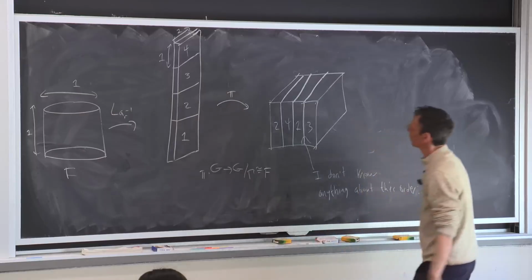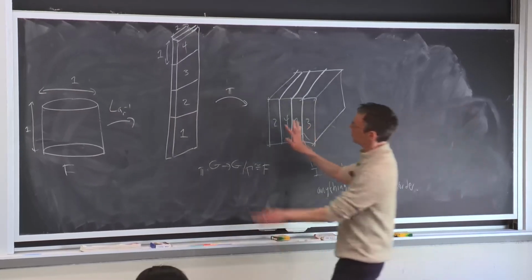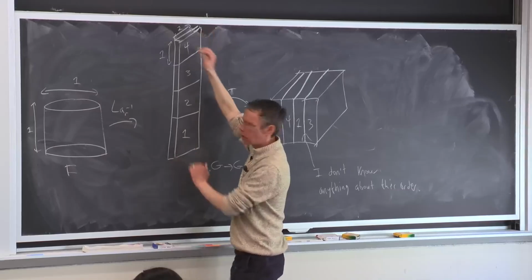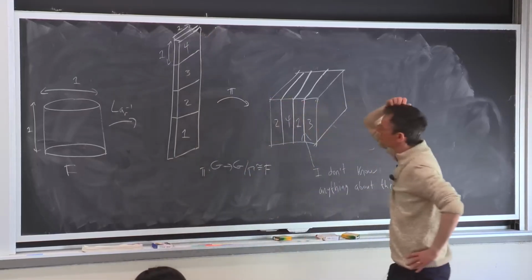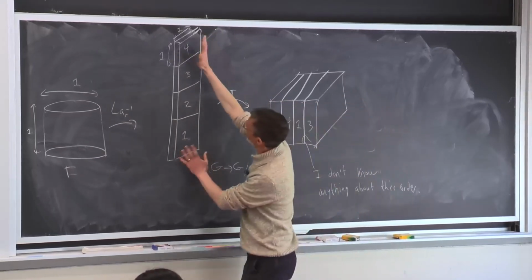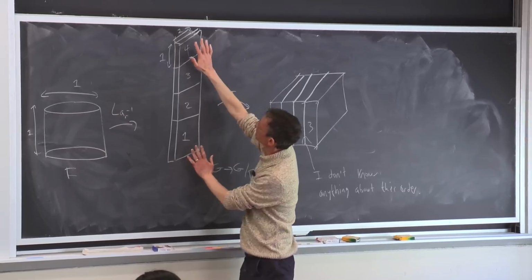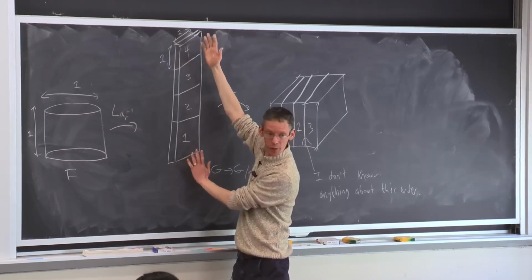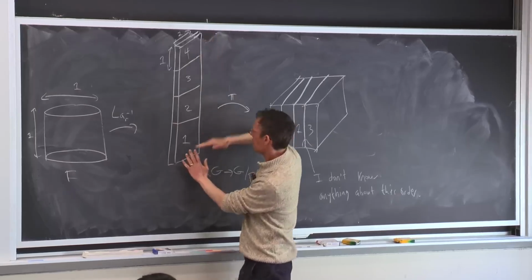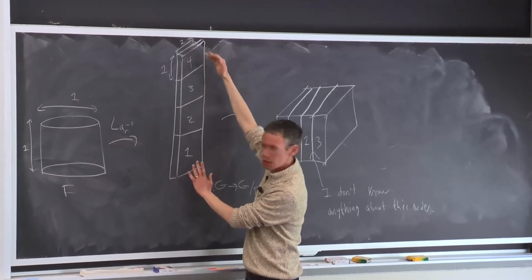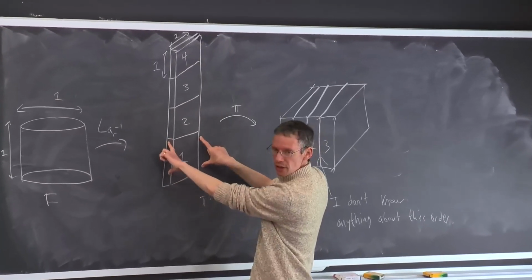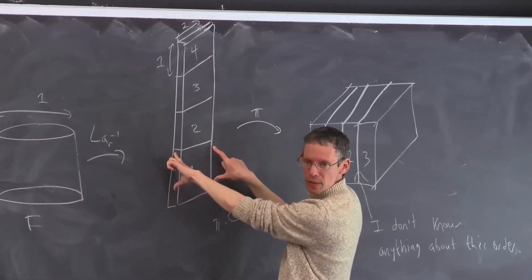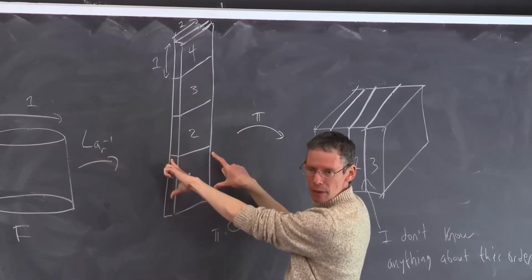OK. So now I think the question was, how would this picture look if this thing were twisted a little bit? So first of all, when we say that this thing is twisted a little bit, it's something like a change of 90 degrees or 180 degrees between the bottom and the top. And there are many steps between the bottom and the top. So that means if you just look at one of these guys, you barely notice any twisting. This thing is basically a planar slab.